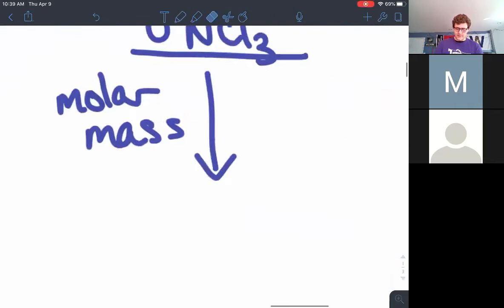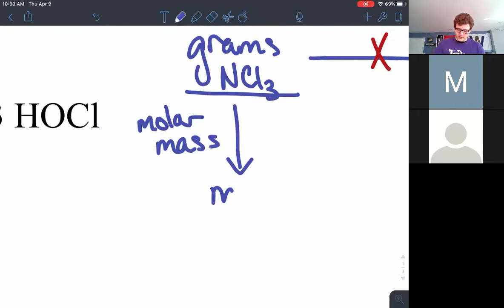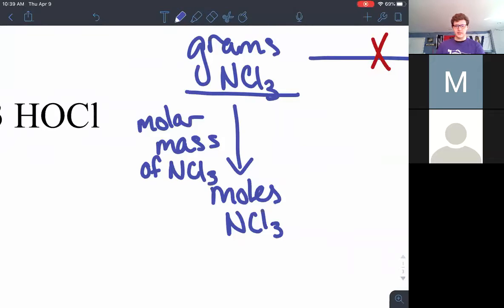So we'll end up down here with moles of NCl3. And the molar mass we're using is the molar mass of what compound? NCl3. Perfect. Let's just write that in so you remember.